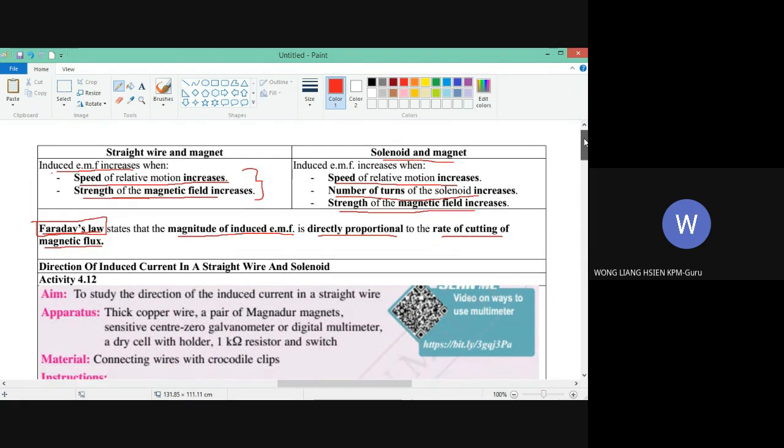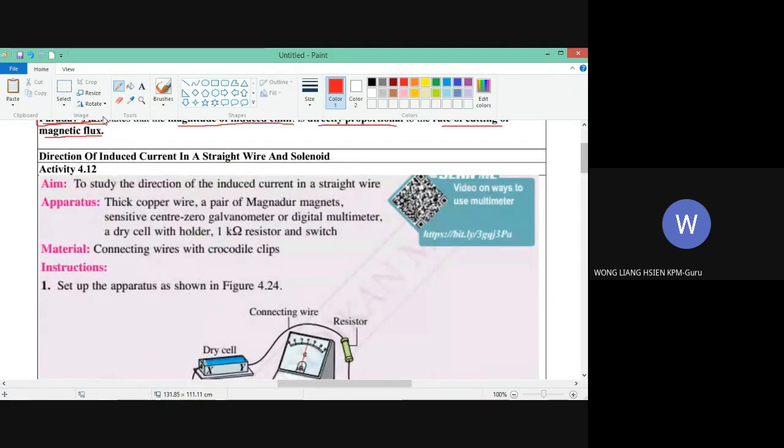Next, we want to talk about the direction of induced current in a straight wire and solenoid. Previously we already learned that when we cut in a different direction, the direction of the induced current is different.